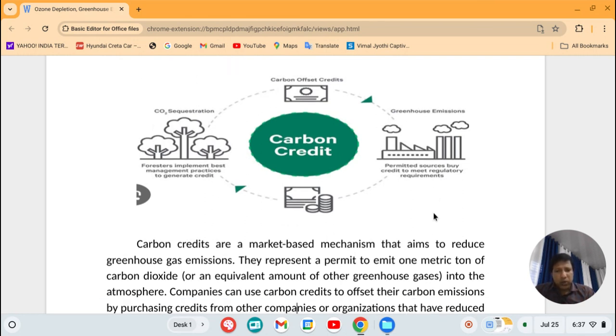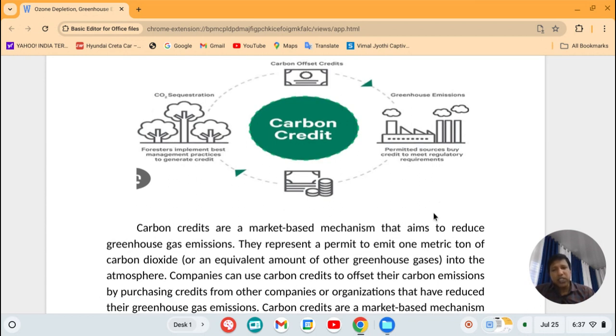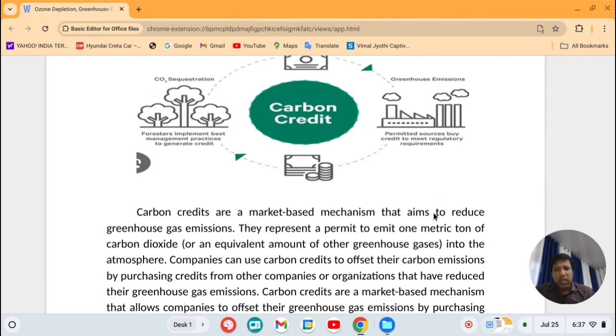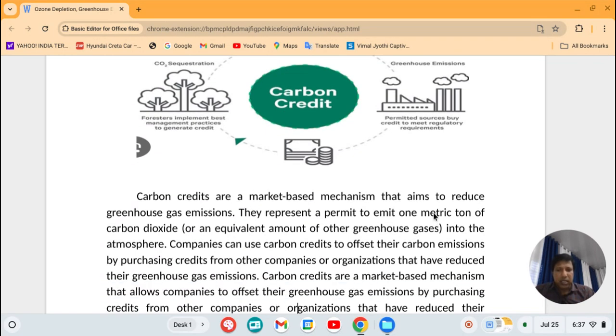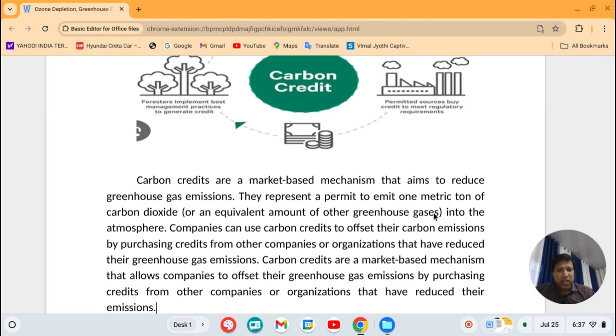Companies can use carbon credits to offset their carbon emissions by purchasing credits from other companies or organizations that have reduced their greenhouse gas emissions. Carbon credits are a market-based mechanism that allows companies to offset their greenhouse emissions by purchasing credits from other companies or organizations that have reduced their emissions.